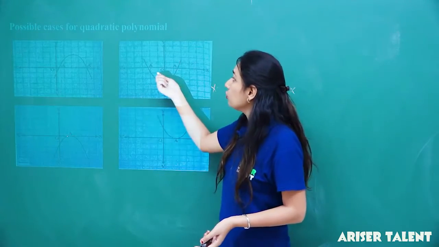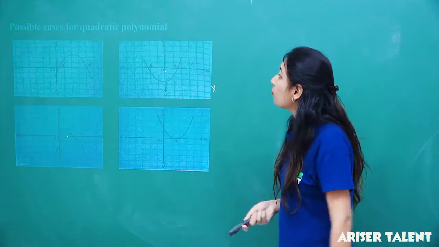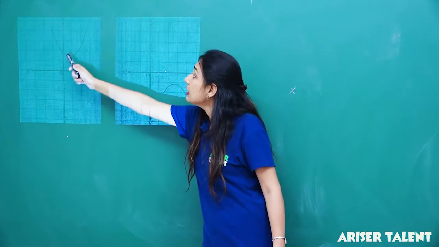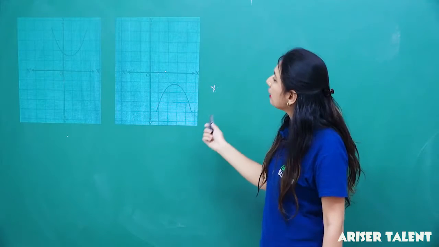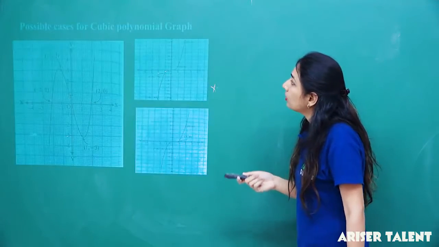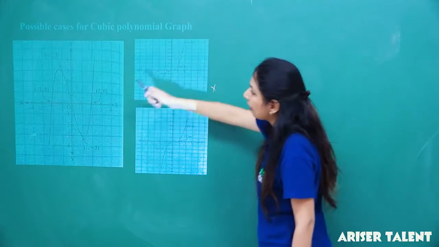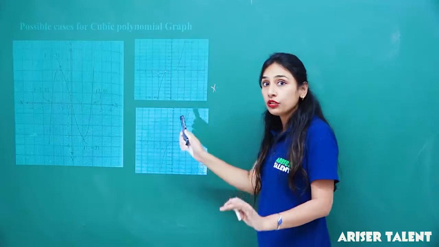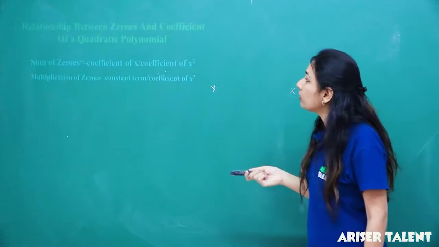So this will have 2 zeros of the polynomial, this will have 1 zero, and we also have this type where the line is not touched by the parabola, either upward or downward. In both cases, we will have 0 zeros of the polynomial. Then we considered the same for the cubic polynomial graph, and we found that we will have at most 3 zeros. We can have up to 2 or 1 also.